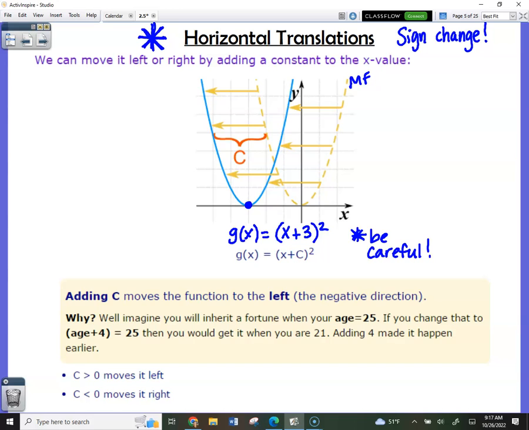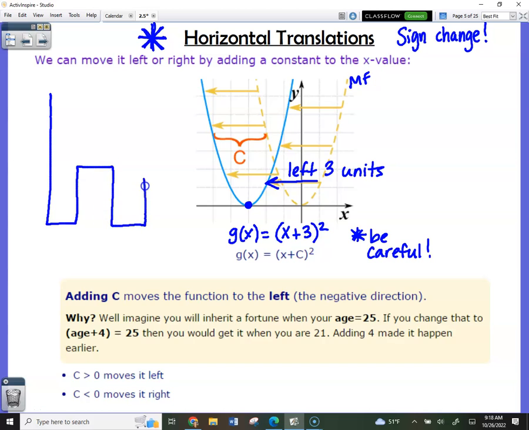All right, let's make some more notes too. This went left. This went from here to over here, left 3 units. Now I want you, you're not an artist, you can do this. I want you to draw a big block H. Draw a big block H. You're going to see why.